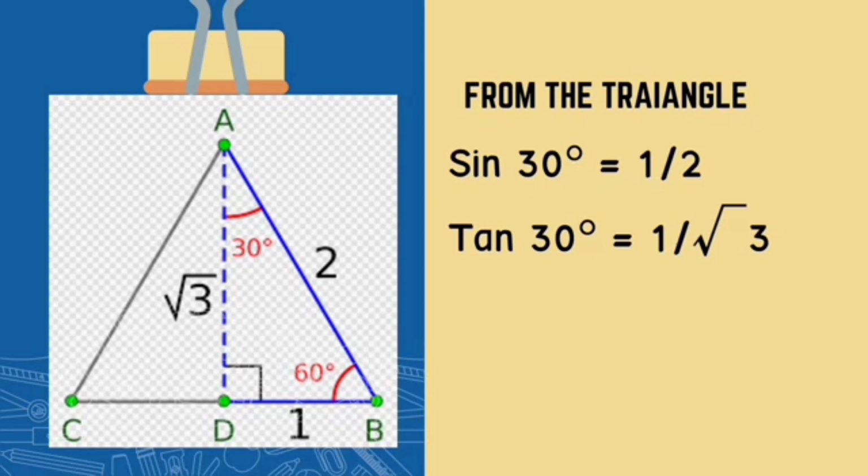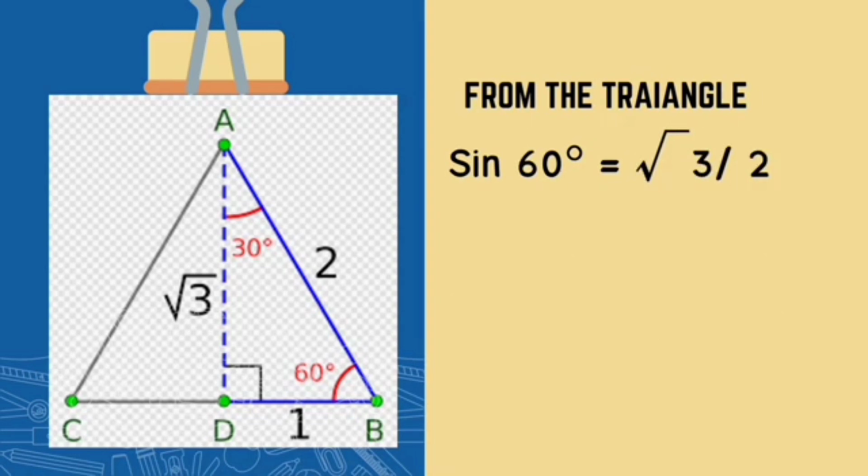This can also be expressed as √3/3. While cosine 30 degrees becomes √3/2. Please take note of all these trigonometric ratios for 30 degrees, which are expressed in fraction form, or surd form, or square root form.